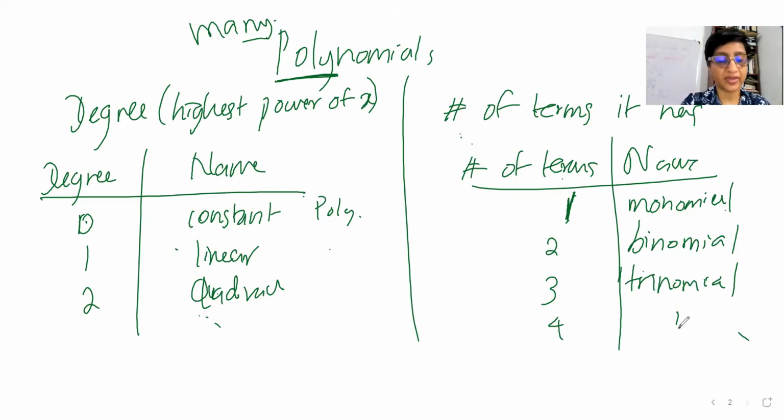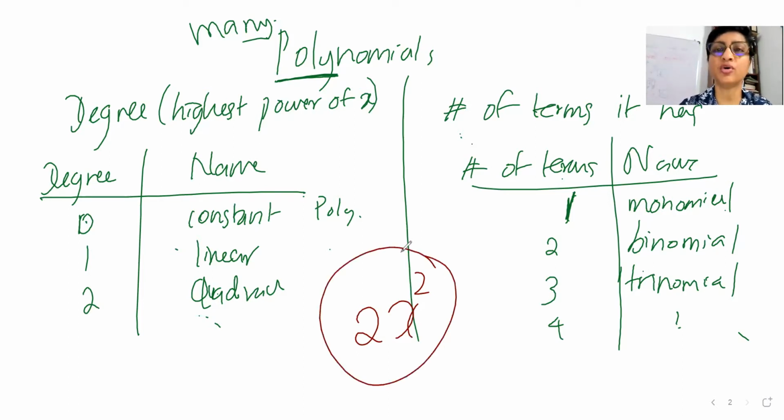But the point is this. There are 2 different ways in which you can label them. For example, look at this polynomial, 2x squared. It's a quadratic polynomial. It's a quadratic monomial. We usually don't use these words a lot of the times, but this is commonly used.